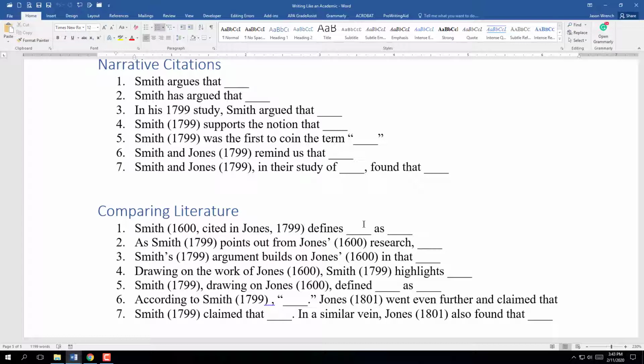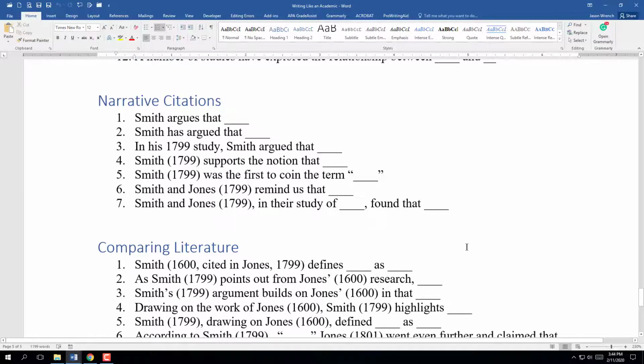But as I always say, the only way to really learn how to write a literature review is to dive right in and start writing a literature review. So I hope this video helps you have at least a little bit better understanding of how a literature review works. I'm also going to provide you some other links to some videos that hopefully will give you even more depth and insight into this wonderful and fascinating world of writing a literature review.